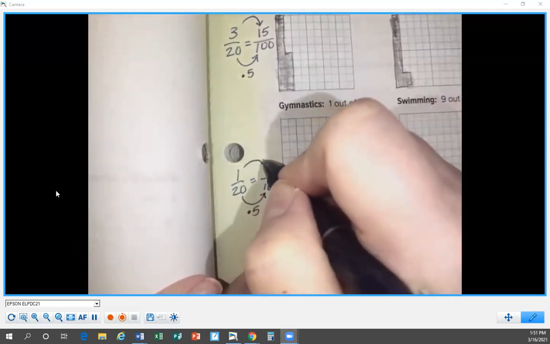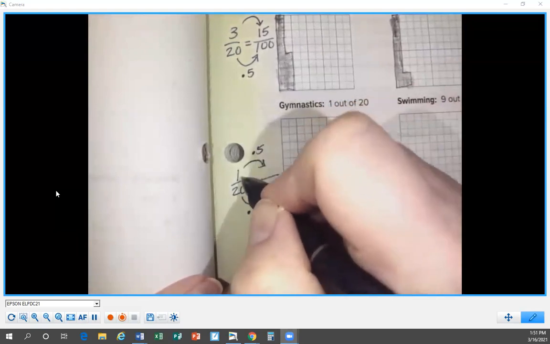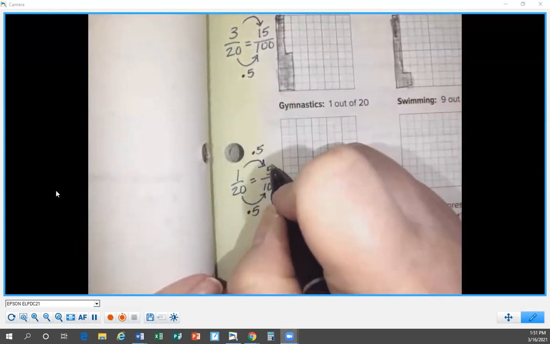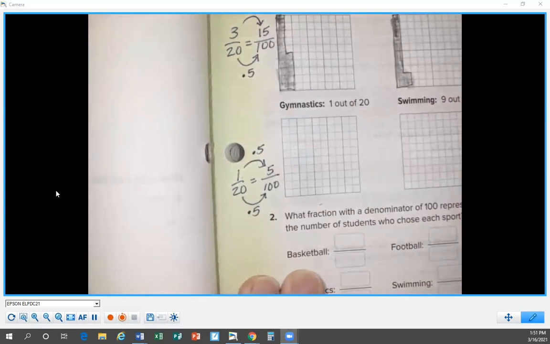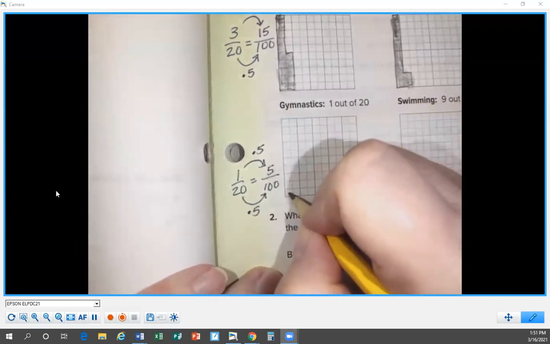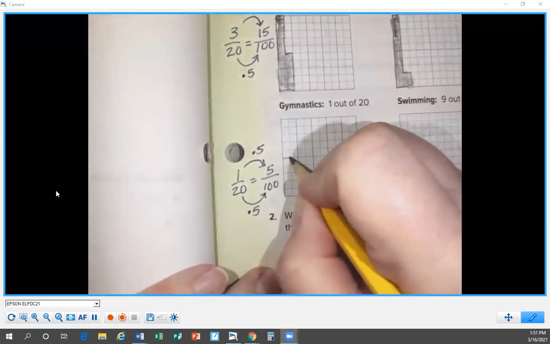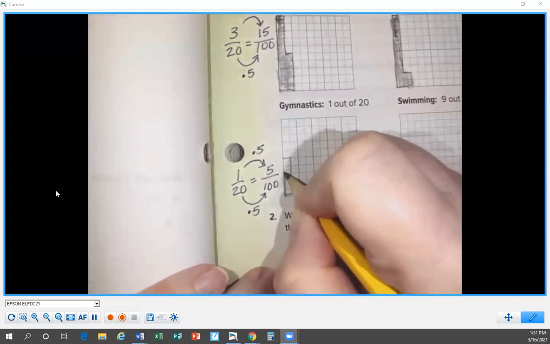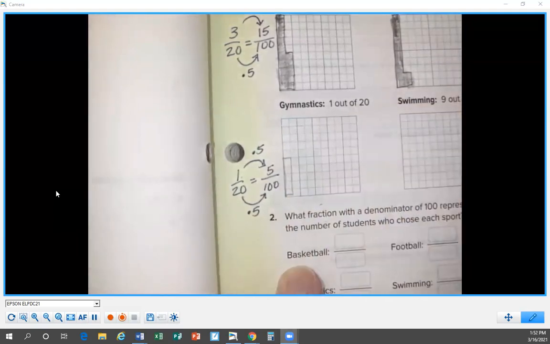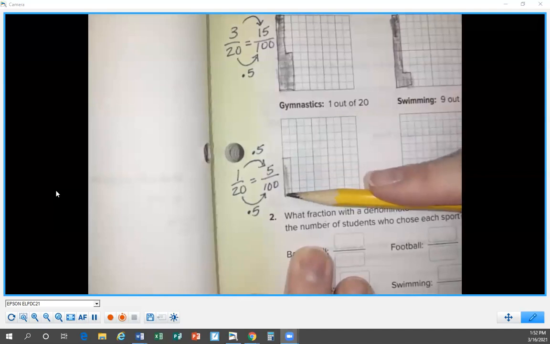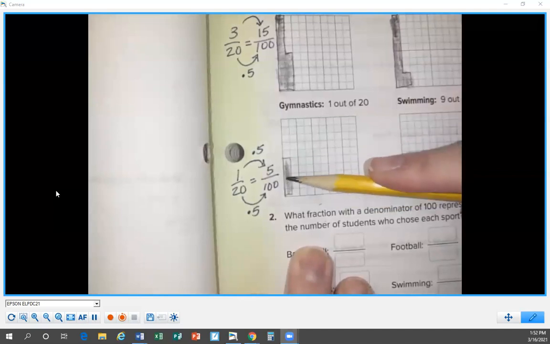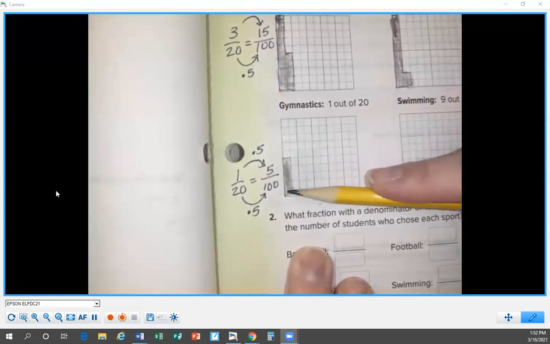Then we would take our 1 and multiply it by 5. 1 times 5 would give us 5. So 5 out of 100 students would be enrolled in gymnastics. So 5 out of 100, so we shade that in.